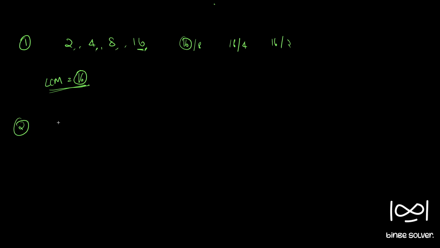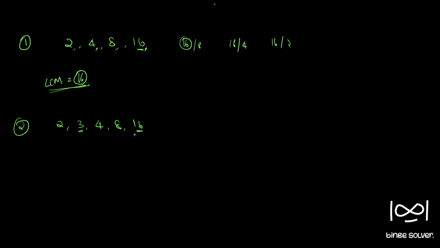So we'll come up with another case. Say there was one more number: 2, 3, 4, 8, 16. In such a case, again all of 2, 4, 8, 16 is there, but we have one more number, 3.